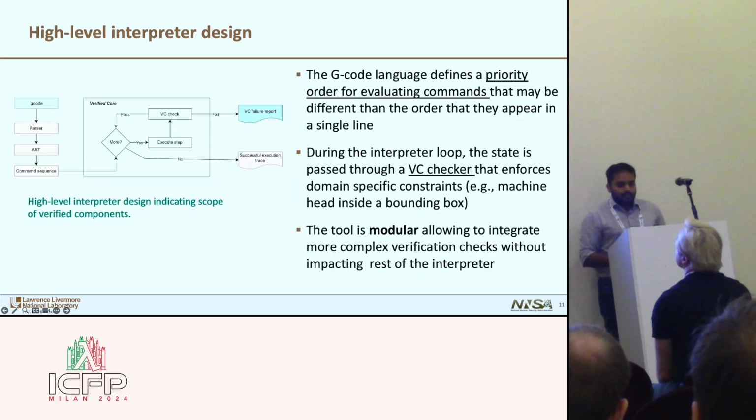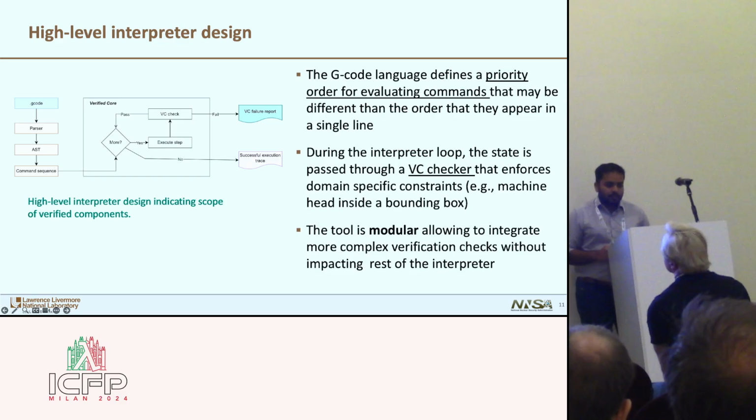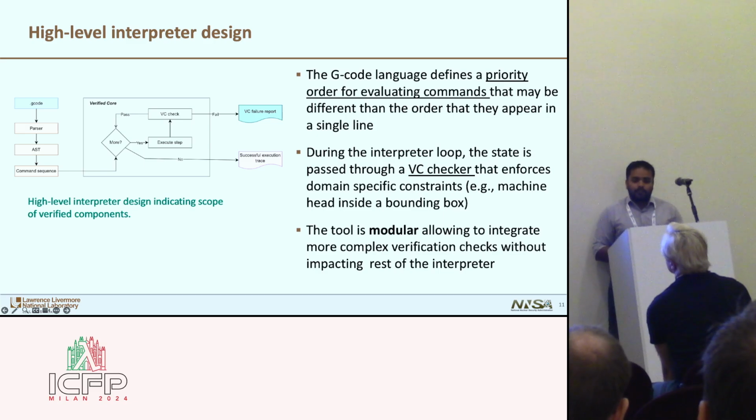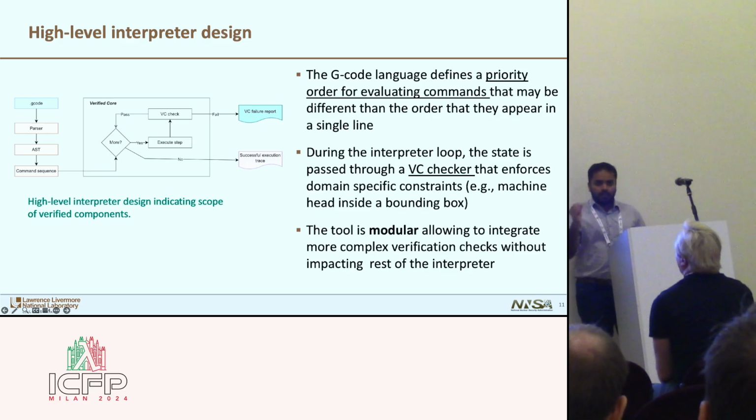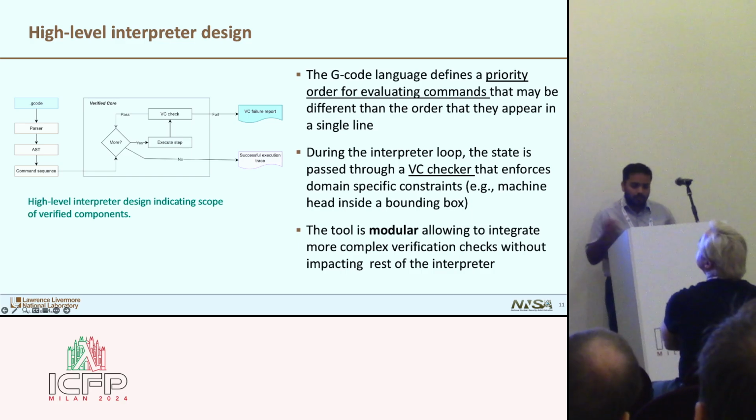So next I'll discuss the high-level interpreter design. Our interpreter takes as input a G code and then parses it into an AST by following a priority order for evaluating the commands. This is very essential, because if we do not follow a priority order, then it leads to a misinterpretation, and the whole thing just blows up.